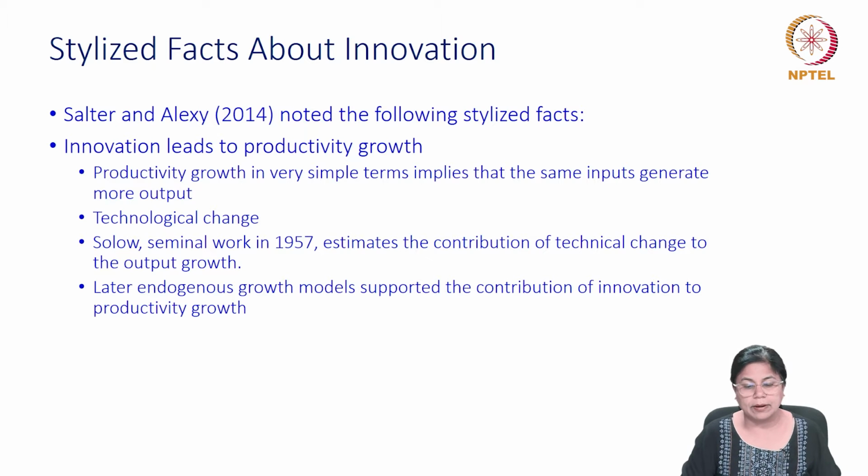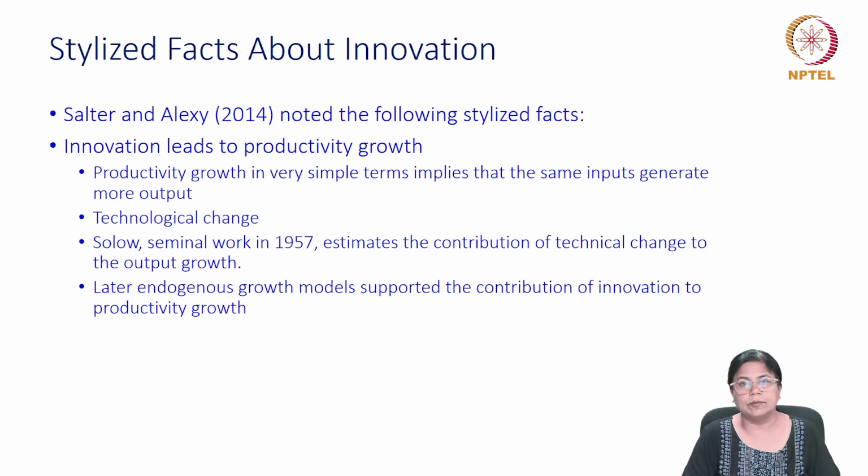Using data from the American economy, he pointed out that more than 80% of the output growth is actually attributed to technological change. This technological change was also referred to as a residual in the growth accounting approach, whereby we try to understand if there is a variation in output over a period of time and whether that variation is attributed to change in capital or labor or whether it is defined by something which is not understood.